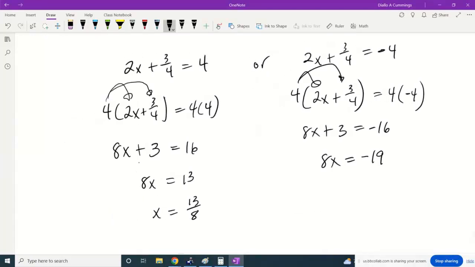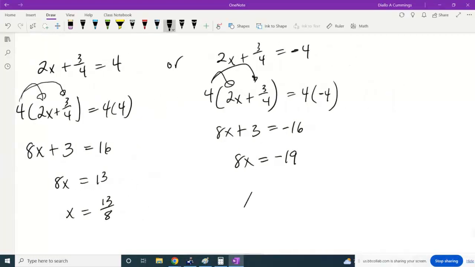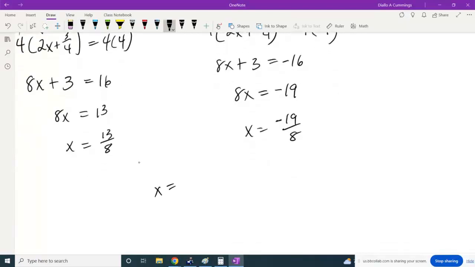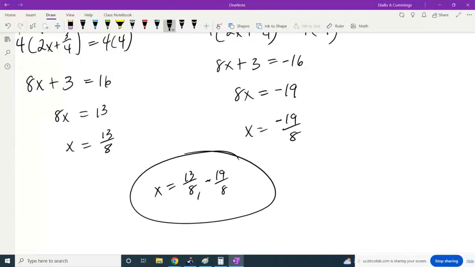I'm going to divide by 8, so x is equal to negative 19 over 8. Right, so I just got two answers, 13 over 8 and negative 19 over 8. Any questions about that absolute value equation?